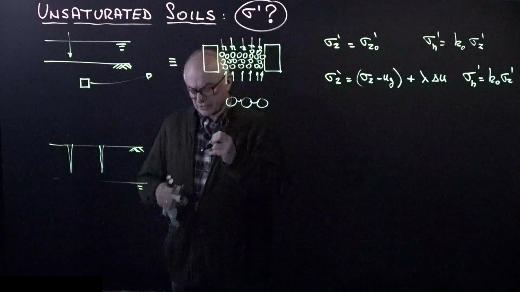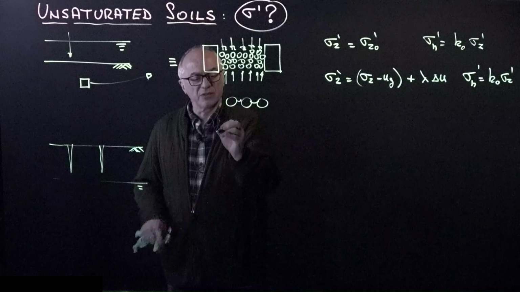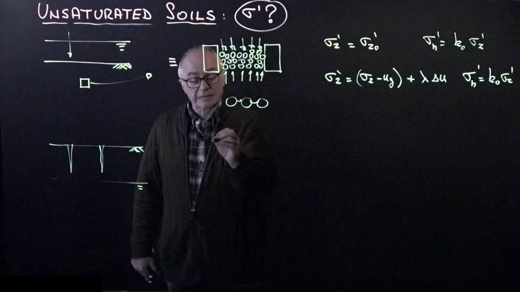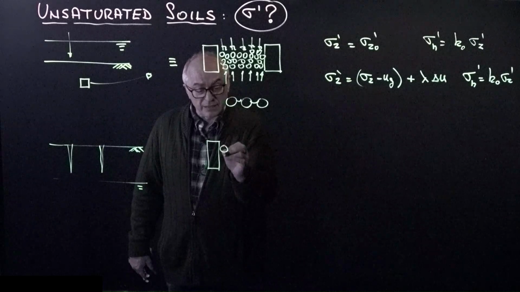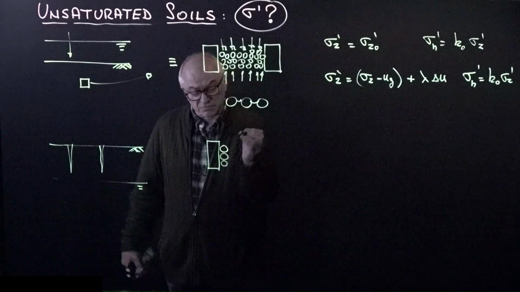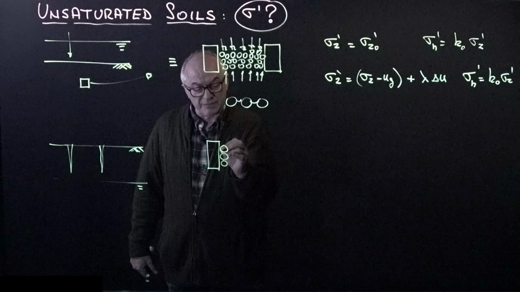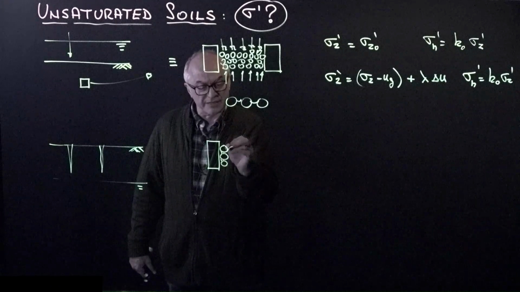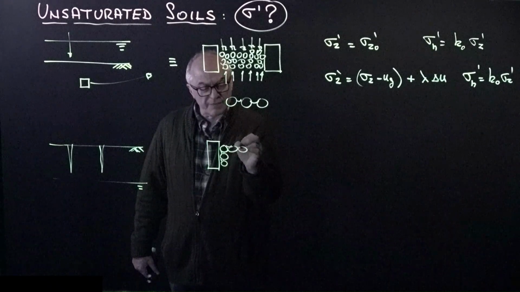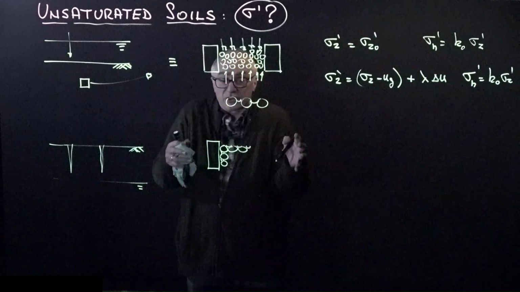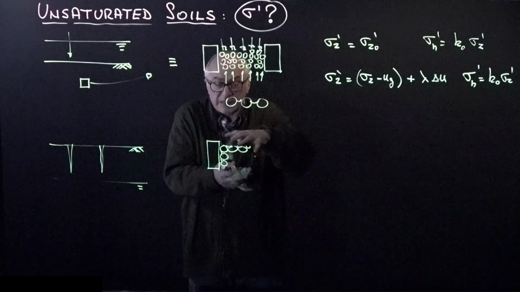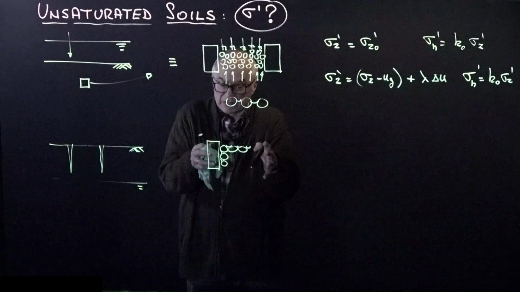In the oedometer, what actually happens, if I look at the wall of the oedometer, the same thing occurs. Air enters at the wall of the oedometer because it is less wetting than the mineral, and now I have the capillary meniscus here, and I have the capillary meniscus at the top. And now what is happening is the soil is being squeezed not only vertically, but also horizontally.